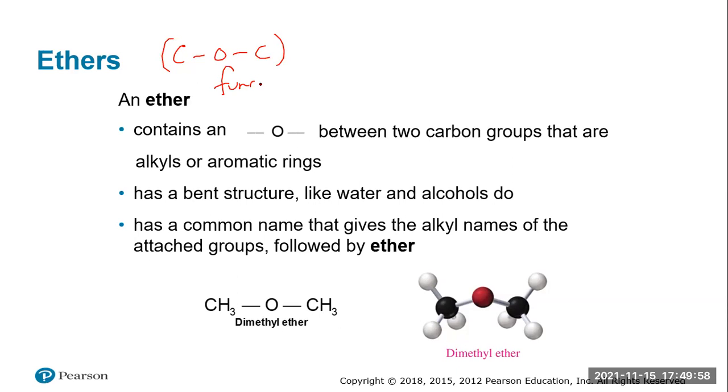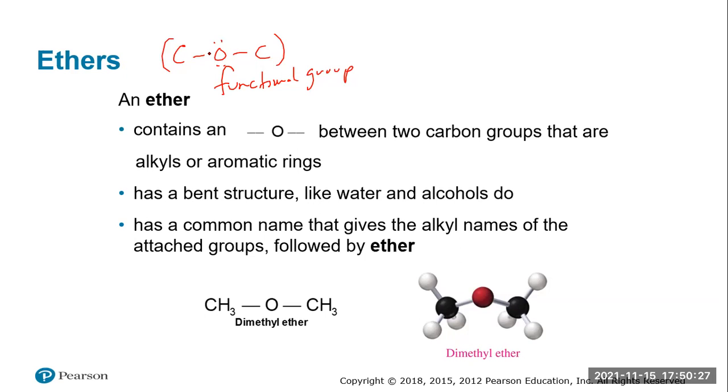We have our oxygen in the middle of two carbons. Ethers have a bent structure like water, because in the middle we have electron pairs and two bonds, which gives us a bent geometry, just like what we see in water, which also has 4 electron pairs and 2 bonds.